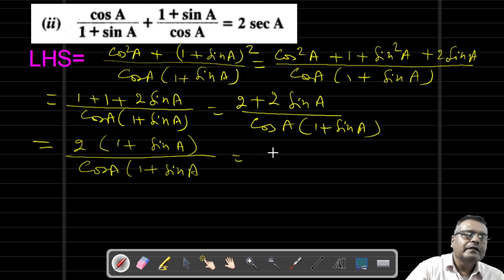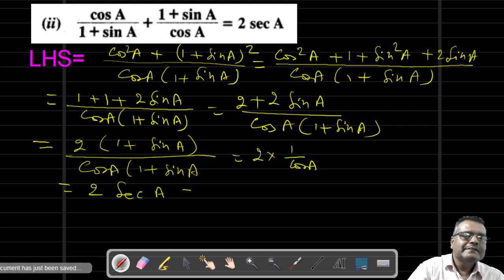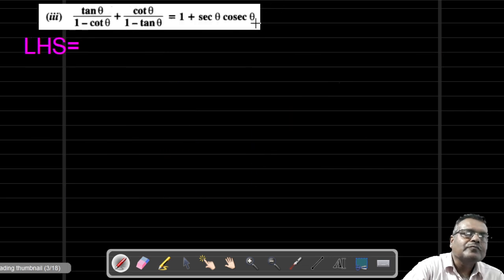You are having 2 into 1 by cos A, so 2 sec A, because 1 by cos A is sec A. This is only RHS.